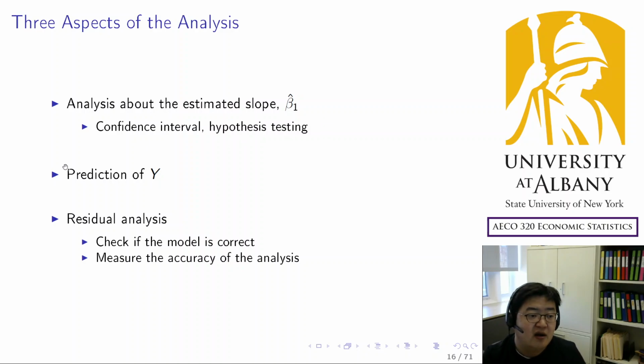And then I will show you how we can utilize those results to predict the dependent variable. And finally, we will do additional analysis to check the accuracy of the analysis, how good the model is, and whether the model is correct or not.